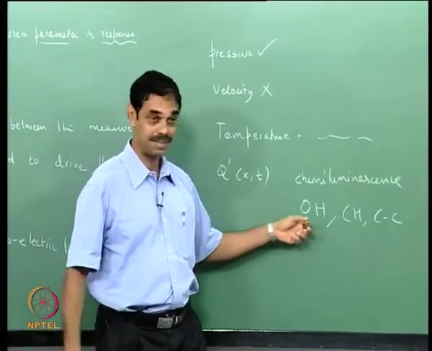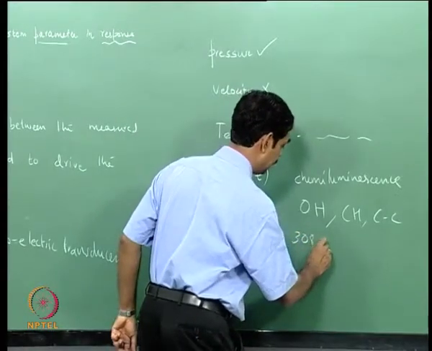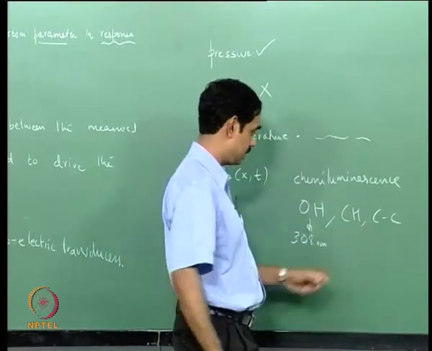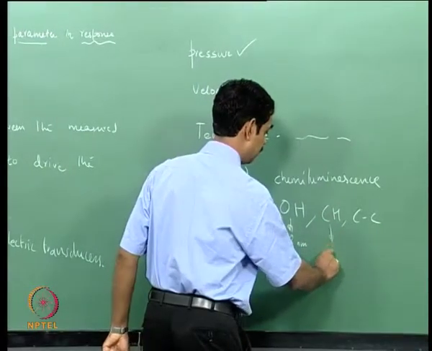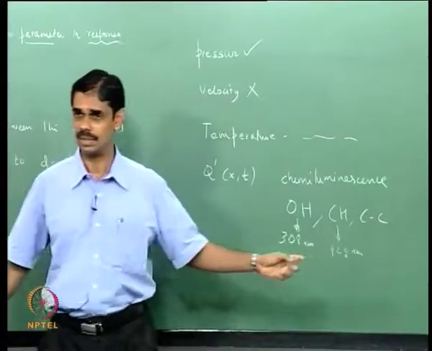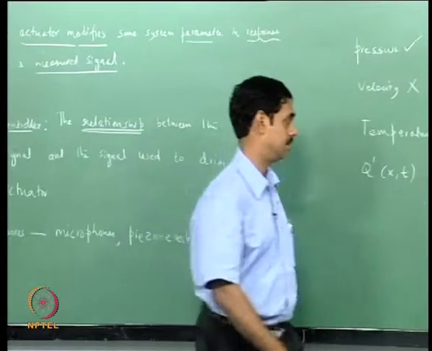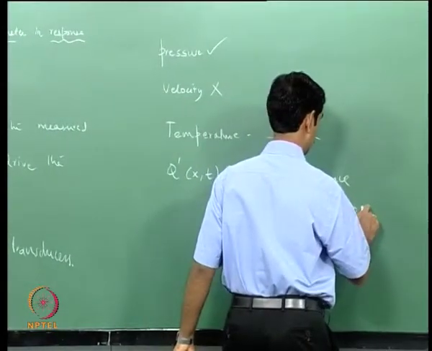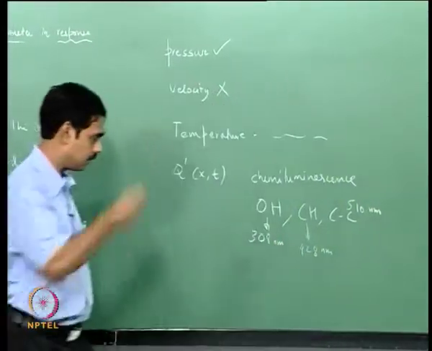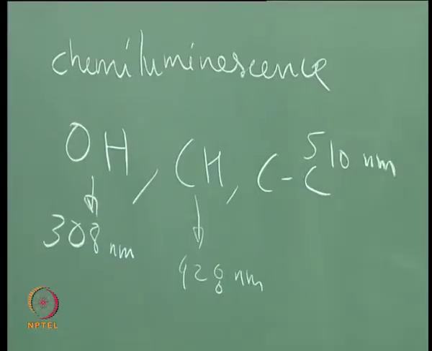This is like 308 nanometer for OH in the UV, CH is 428 or 427, I think, C2 is 500 something, I don't remember. How much? 510. 510 nanometer. So you can use narrow band pass filters which will let only this light go, so that we see only that, and a lot of things are coming, we just focus on what we want.